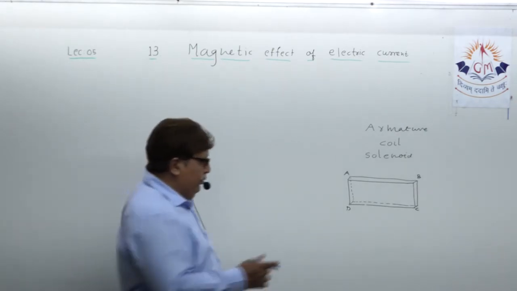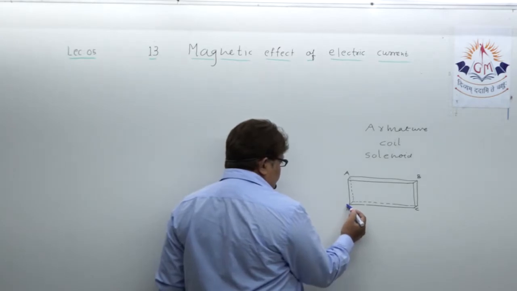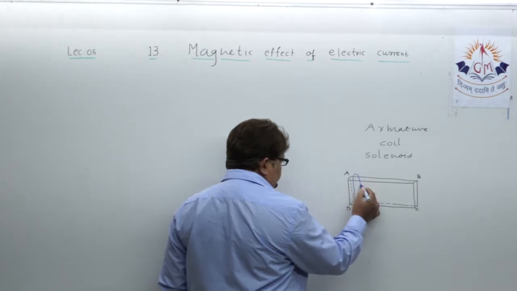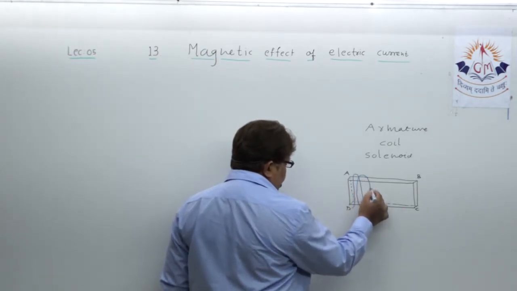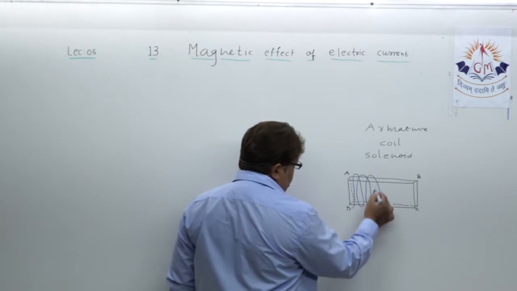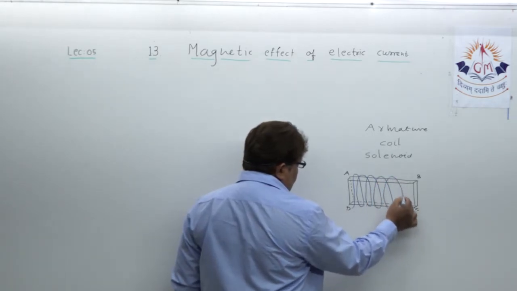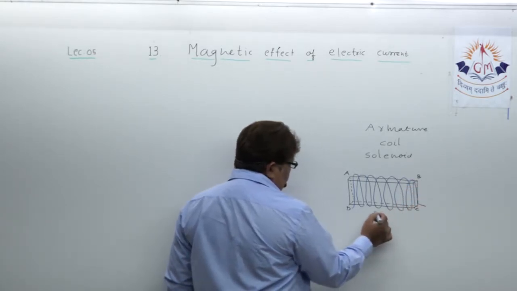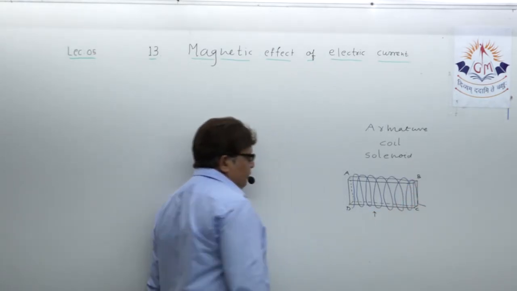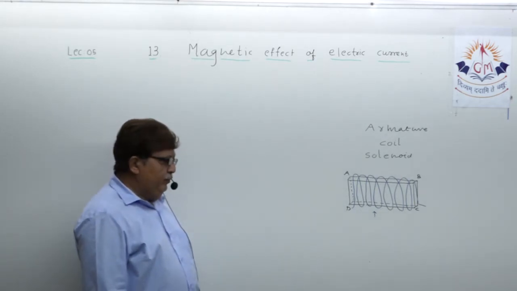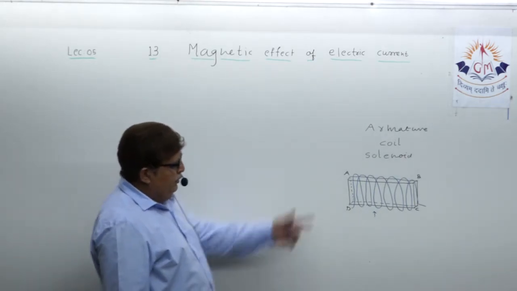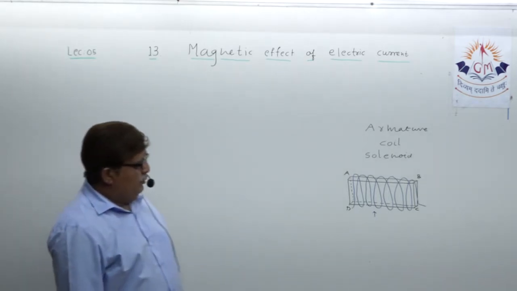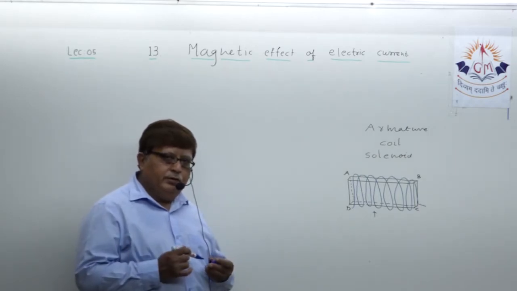insulated copper wire. An insulated copper wire is wound around this hollow rectangular soft iron piece. This arrangement, which is realized here, can be called armature coil or solenoid.